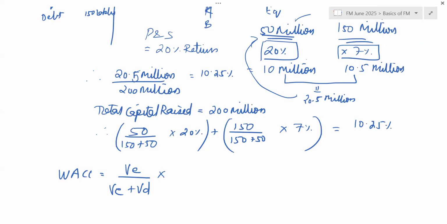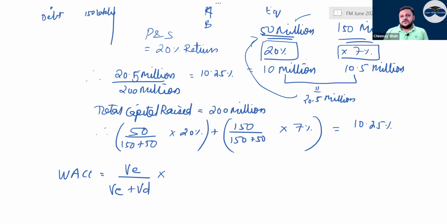So the cost of equity, or required return by the equity shareholder, has to be the same. If not, your equity shareholder will leave. So VE divided by VE plus VD into KE, plus the weight of debt divided by weight of equity plus weight of debt, the whole multiplied by KD.